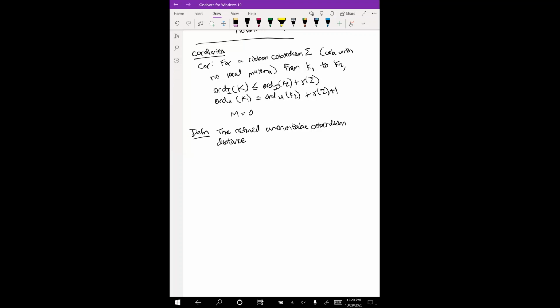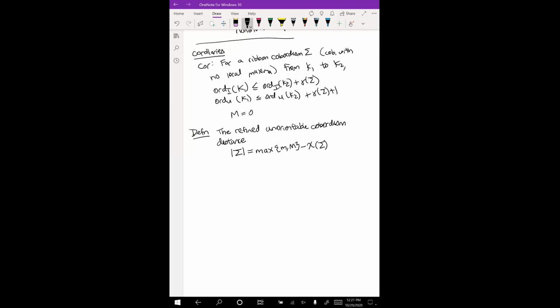The refined cobordism distance is going to be larger than the cobordism distance. It asks how big the genus is, plus how many local maxima and minima you need to have. So for the refined unorientable cobordism distance, we say that the norm of a cobordism is the number of maxima or minima you need to have minus the Euler characteristic.